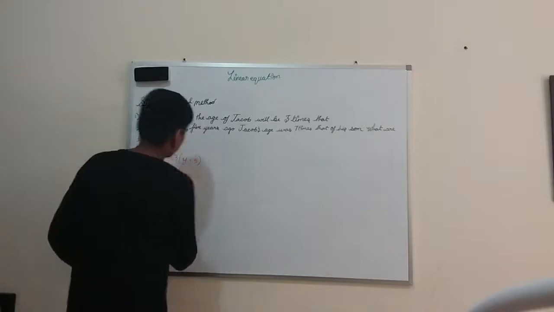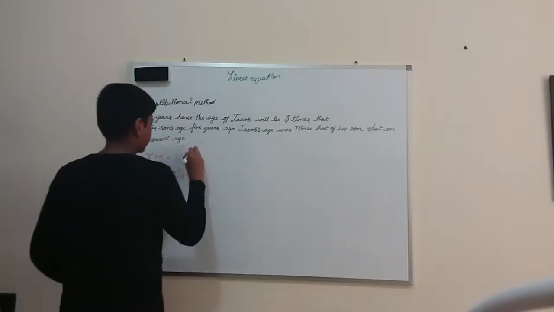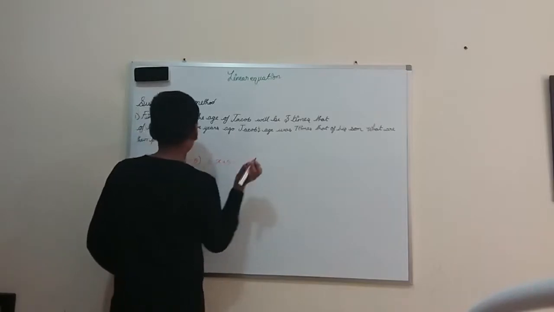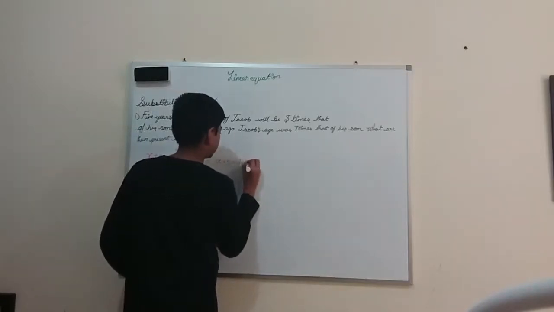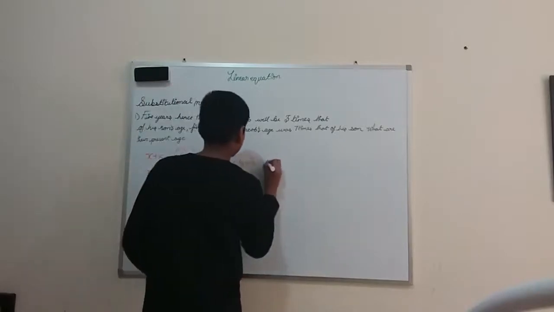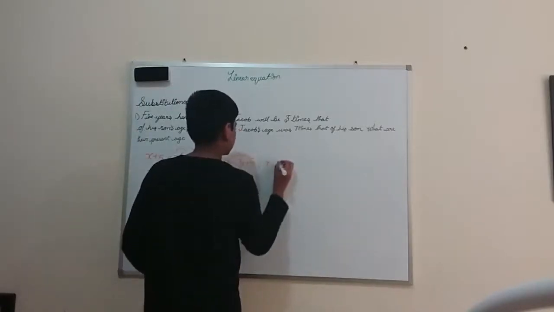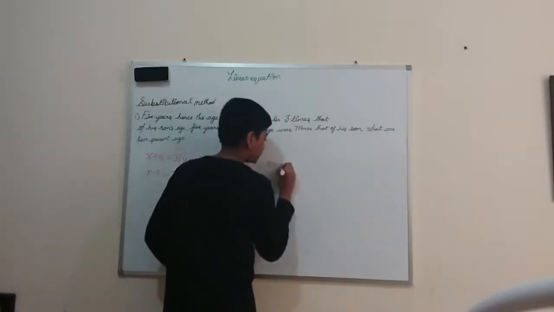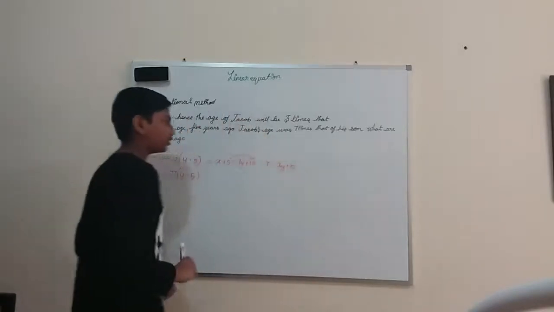Now we'll just solve them. So x plus 5 should be equal to 3y plus 15. When we transfer this 5 over here, x will be equal to 3y plus 15 minus 5, which will become 3y plus 10. Okay, now we got it.